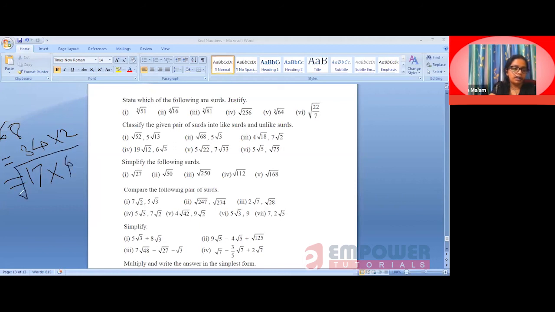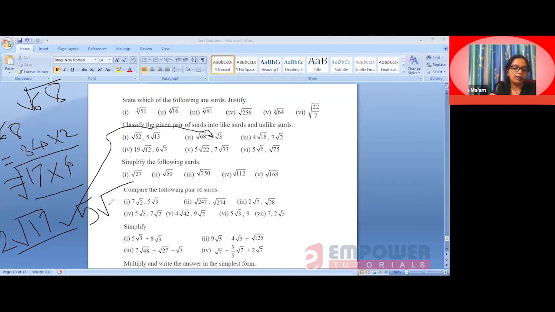So under the square root, I will get 17 into 4. Since 4 is a perfect square, I can write it as 2 root 17. So this is the simplified version of root 68, right? But root 17 and 5 root 3. Now tell me whether these are like surds or unlike surds.